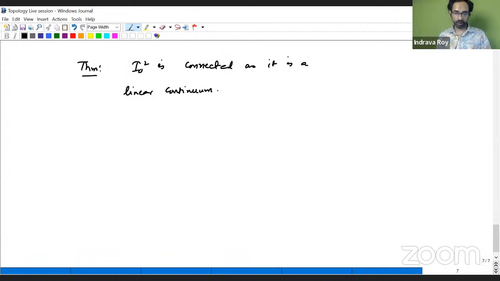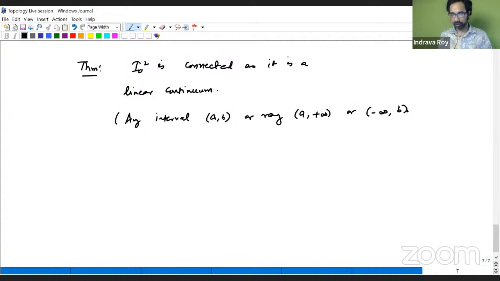interval or any ray, in fact, in a linear continuum, any interval, let's say AB, or a ray A plus infinity or minus infinity B. By the way, these are the sets that you defined as x in I naught square such that A is less than x.